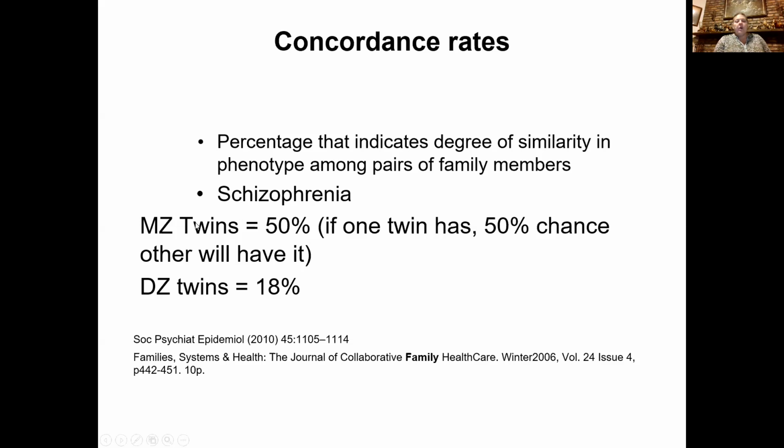We know that if one monozygotic twin, those are identical twins, has schizophrenia, the other twin has a 50% shot at developing schizophrenia. With dizygotic twins or regular siblings, there is only an 18% concordance rate, that if one twin has schizophrenia, the other one will have schizophrenia.